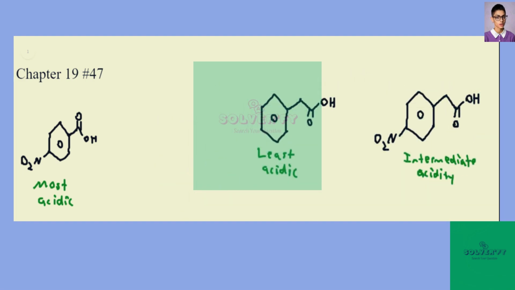without drawing every single resonance structure that we could draw here, there is a resonance structure once this is deprotonated. So let me go ahead and deprotonate this. It'll look like this, with a negative charge there. So there is a resonance structure that we can draw where this molecule is going to look like this.